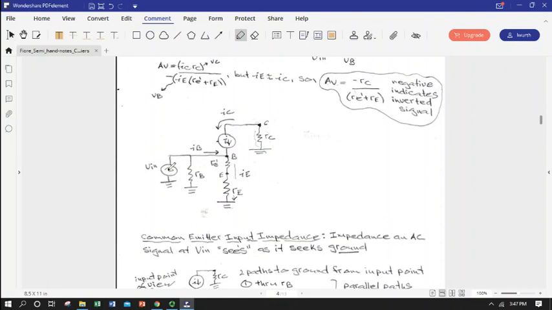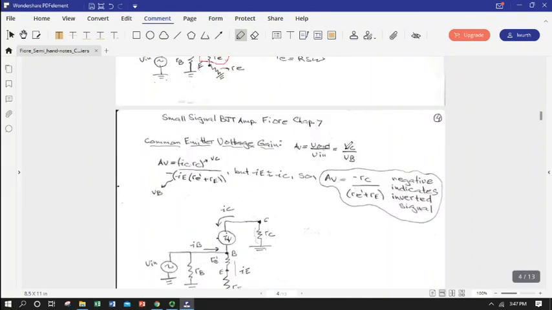Well, here's our input voltage, and it is a common potential with the base. So the voltage versus ground of the base is V in. Well, that's handy. And we can also notice that we're going to take our signal out at the collector. That's the definition of common emitter. So the voltage at the collector versus ground is our voltage out.